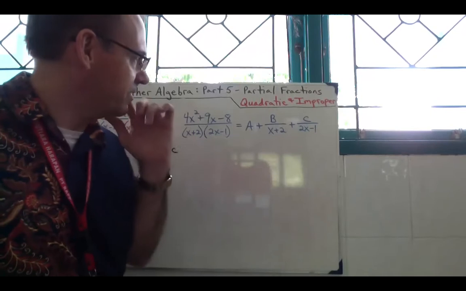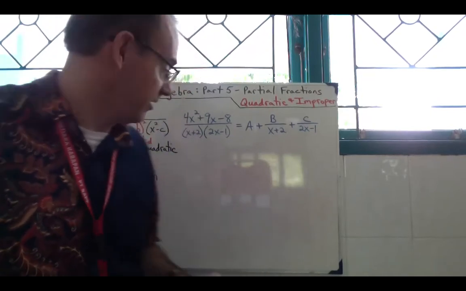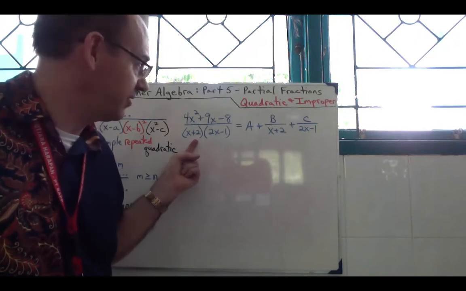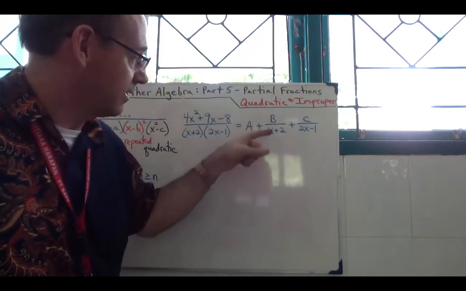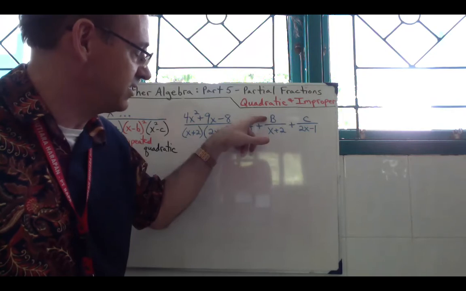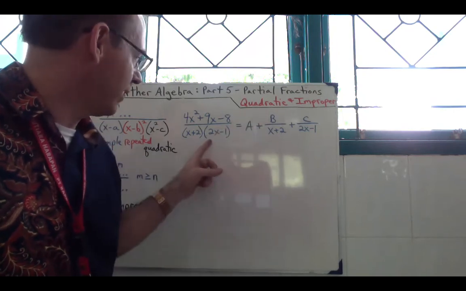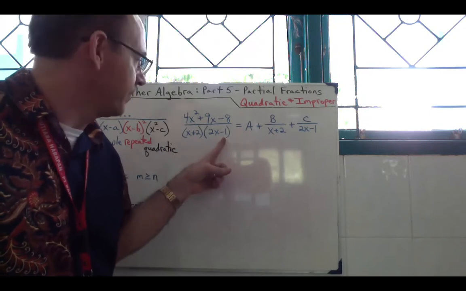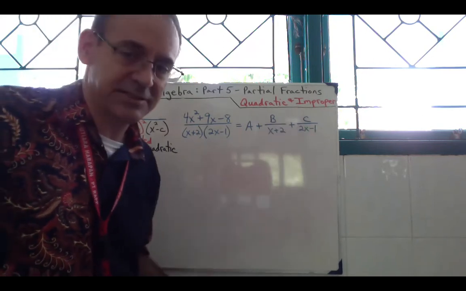Now let's go back to the board. And you'll notice that there's something a little different here. You'll recognize that x plus 2 is a simple factor, and since this is linear, you have a constant on top. And you recognize 2x minus 1 is also a simple factor, and it's linear, and so you have a constant on top.